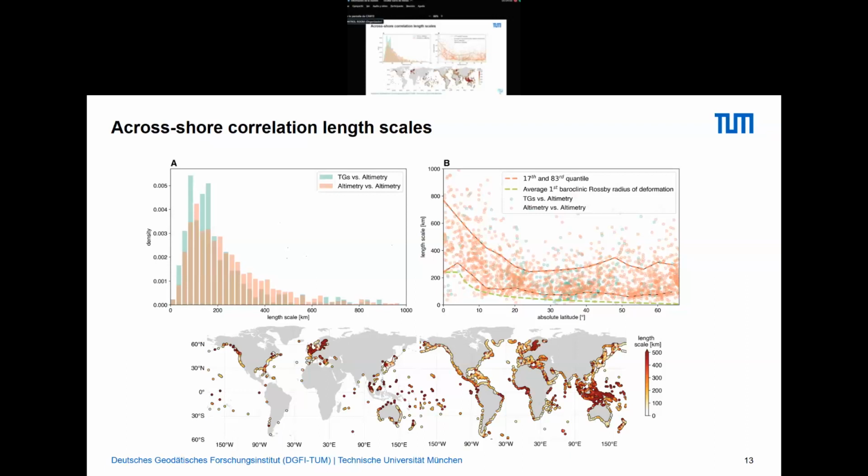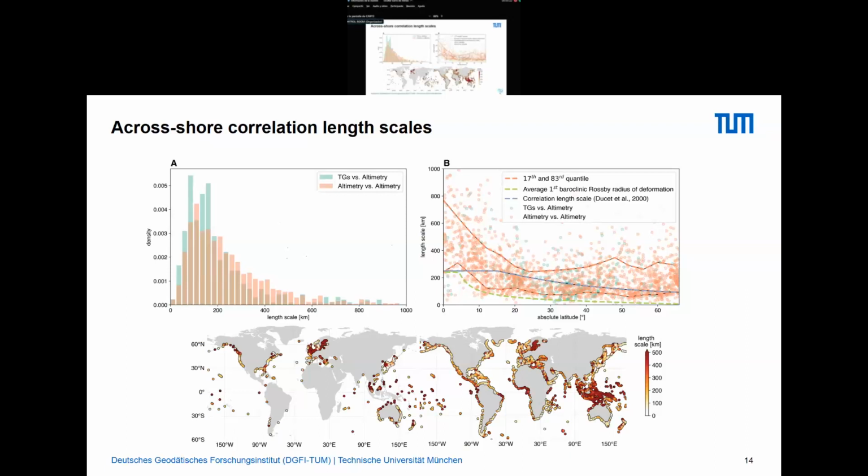Why is this interesting? It might, for example, be interesting if we want to understand how well gridded products actually resolve coastal processes. And here in the blue line, I plotted a correlation length scale which was applied in previous gridded products. That's the zonal smoothing length scale.